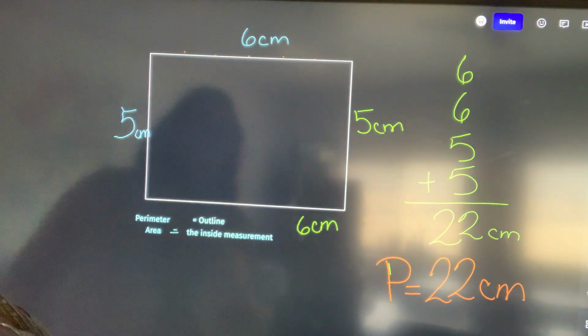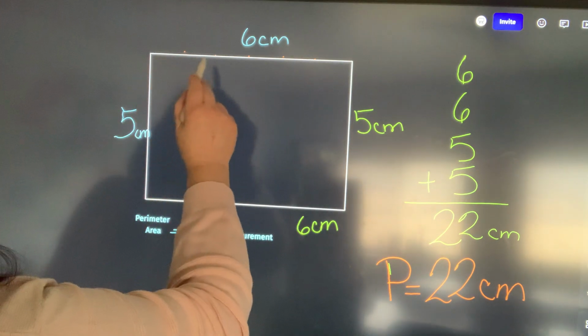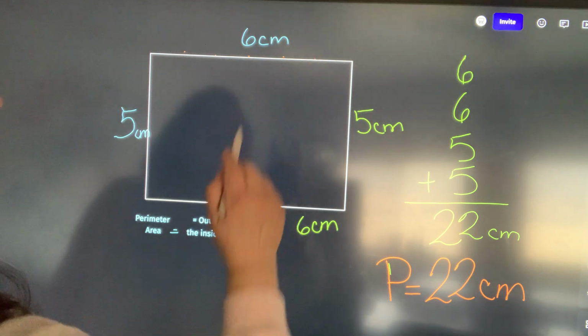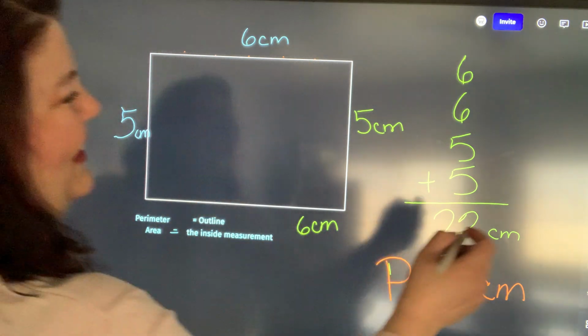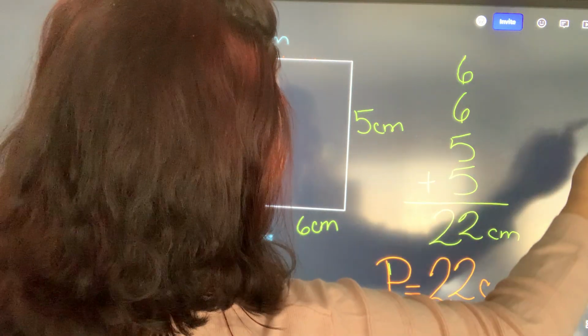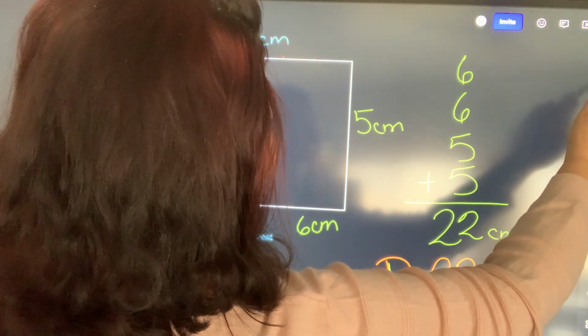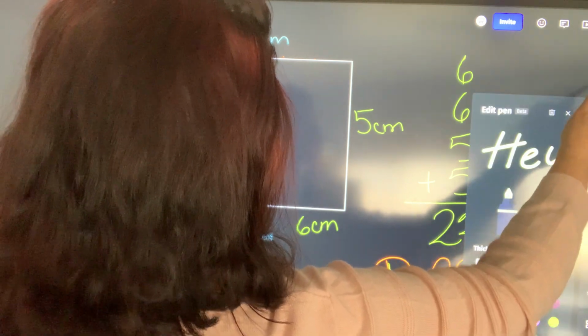There we go. All right, 1, 2, 3, 4, 5, and 6. All right, I'm gonna try that again. Let's do it with a pretty color of yellow.